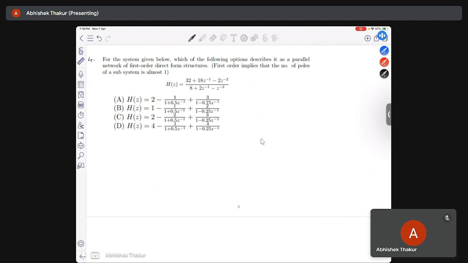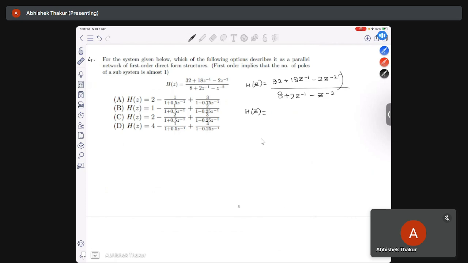So first we will write H of z, which is given, that is equal to (32 plus 18 z inverse minus 2 z to the power of minus 2) divided by (8 plus 2 z inverse minus z to the power of minus 2). So what we will do, we will divide by 8 in the numerator and denominator.